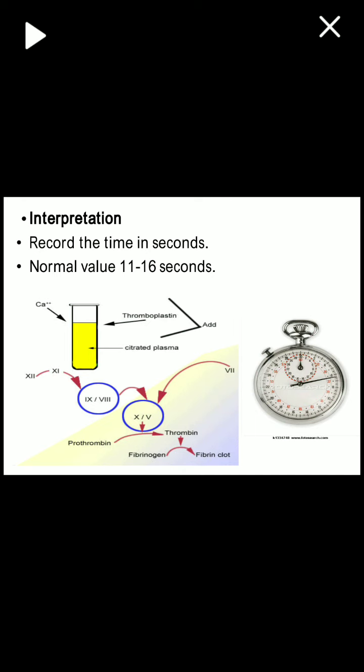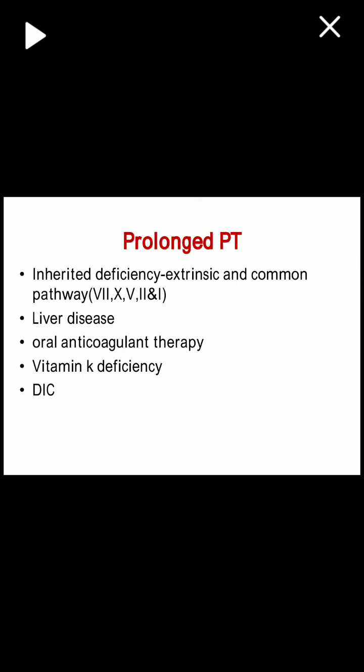If it is prolonged, then there are some deficiencies in the factors of the extrinsic pathway. Prolonged PT is seen in inherited deficiencies of the extrinsic and common pathways, that is deficiencies in factors 7, 10, 5, 2 and 1. It is also seen in some liver diseases, as the liver is one of the sites where coagulation factors are formed. When the liver has problems, these factors are not formed, leading to increased prothrombin time.